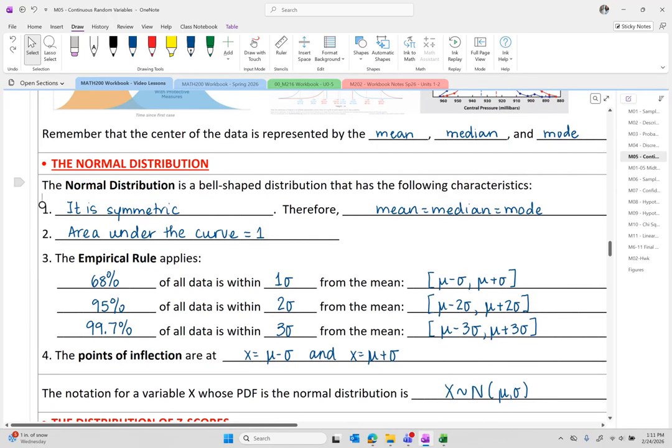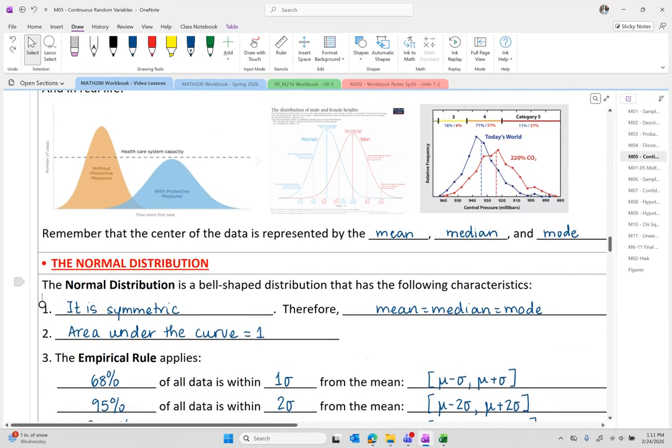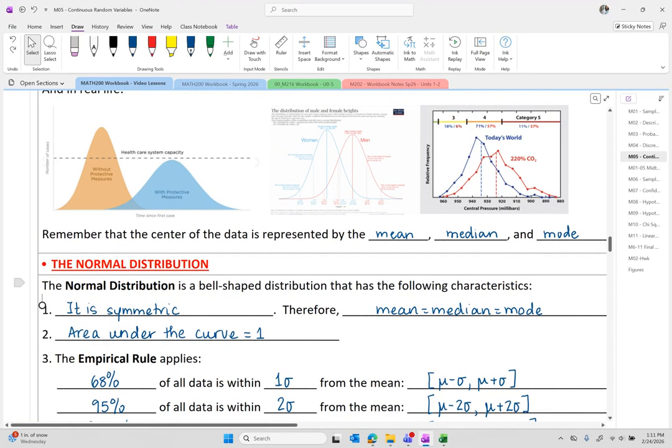And when it is a symmetric distribution, the mean, the median, and the mode will fall on the same value. And in these curves, they correspond to the x value on the axis that has the highest peak. And that is the mode, and then the median and the mean fall there.